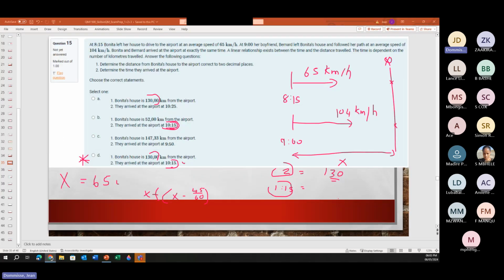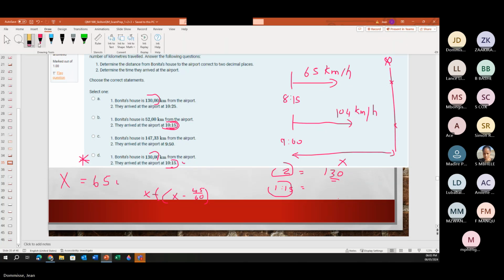So I'm just quickly going to Google what is average speed. Okay, total distance divided by total time. Total distance divided by total time.